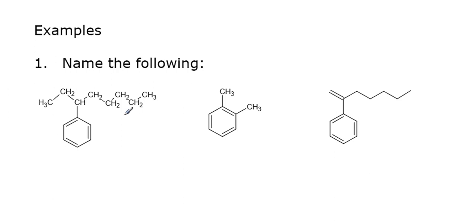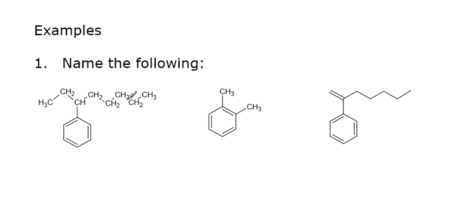So let's look at this first structure here. I see benzene in here, so I know it's aromatic, but I have a hydrocarbon chain. So I have to decide, is it the main chain or is the benzene a branch? The easiest way to do this is look at the longest hydrocarbon chain attached.